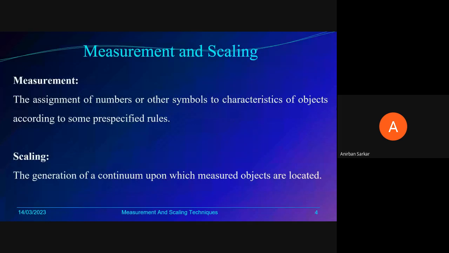Now, before collecting the data, whether we are collecting primary data or secondary data, in case of scaling, we will be focusing on primary data because you have to use a scale in order to collect that data. In case of secondary data, you are helpless.